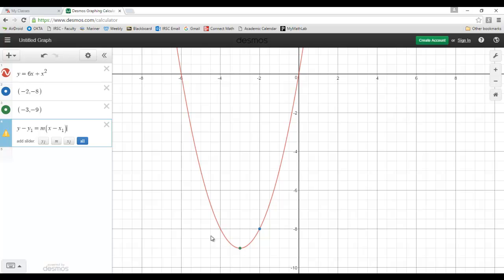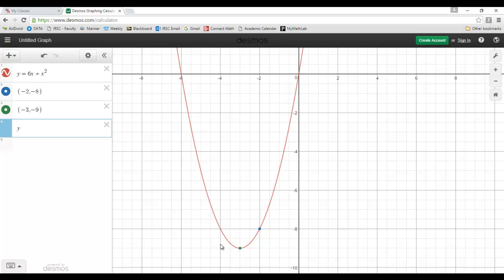Now remember, x1 and y1 are given by a point on your graph. So I'm going to use negative 2 and negative 8 for x1 and y1 respectively, and my slope that I found was 1. So it's going to be y minus y1.